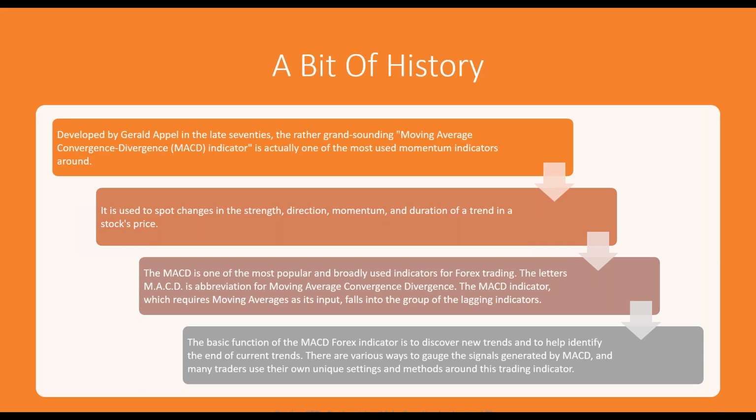Most indicators are lagging because when they have to use the open, the high, the low, and the close, guess what? If you're using the close from the last price bar, they're lagging behind the market because they need that price point to close before they can do the calculations. So that makes them a lagging indicator.